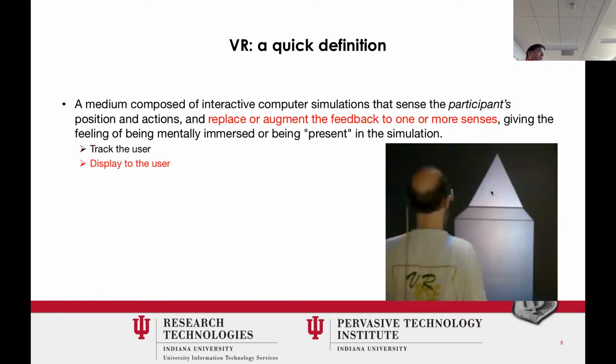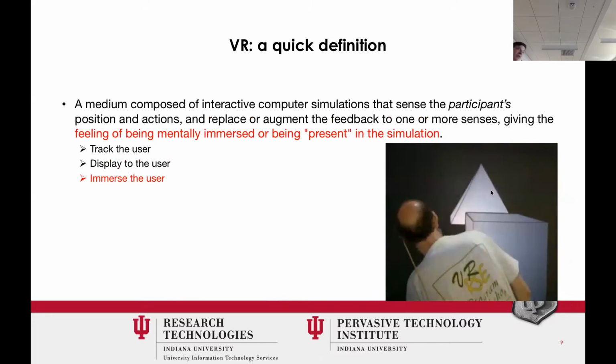So once we know where the user is, we want to display to the user from their perspective, right? So we want to augment their senses. Usually we're at least talking about vision. Sometimes we're talking sound and touch. And then finally, the goal is to put the person into that space. So we talk about being mentally immersed when I give my full lecture, Intro to VR. Mental immersion is not necessarily a requirement of VR.